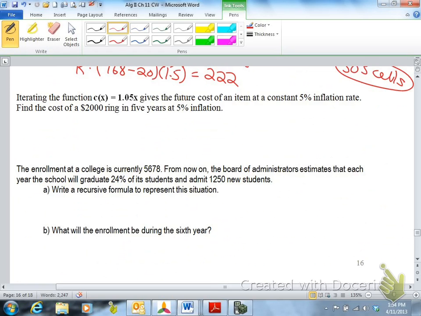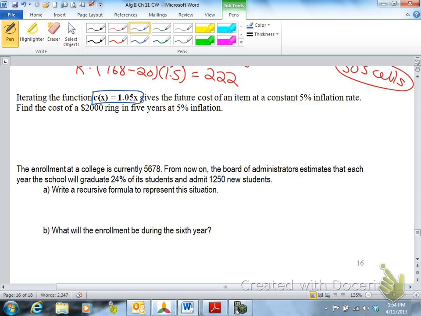Let me do one more word problem because I have something else for you rather than this one. Just to give you an example of iteration. Here's a function, c of x equals 1.05x, gives the future cost of an item at a constant 5% inflation rate. So some items actually gain in value, like baseball cards.